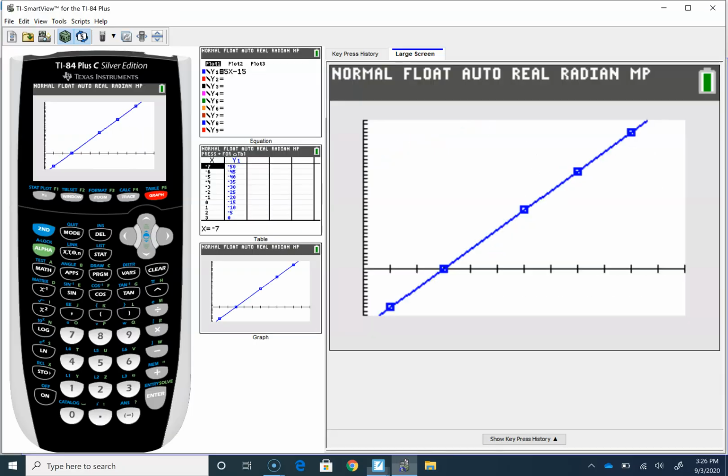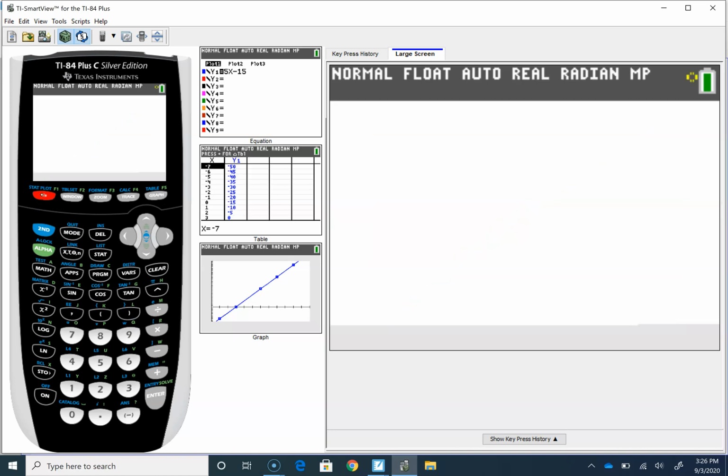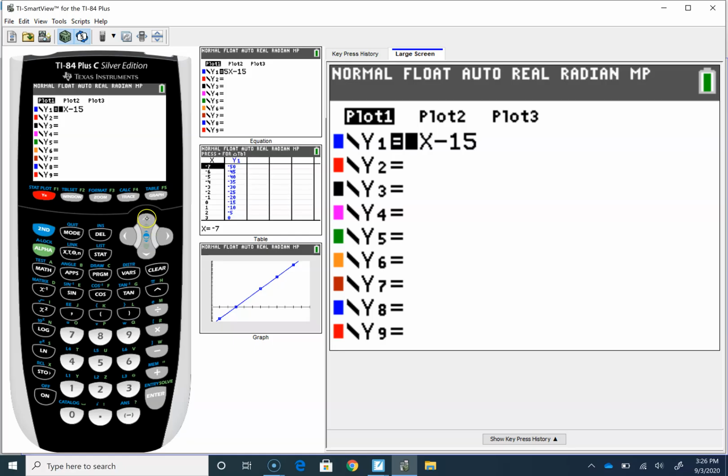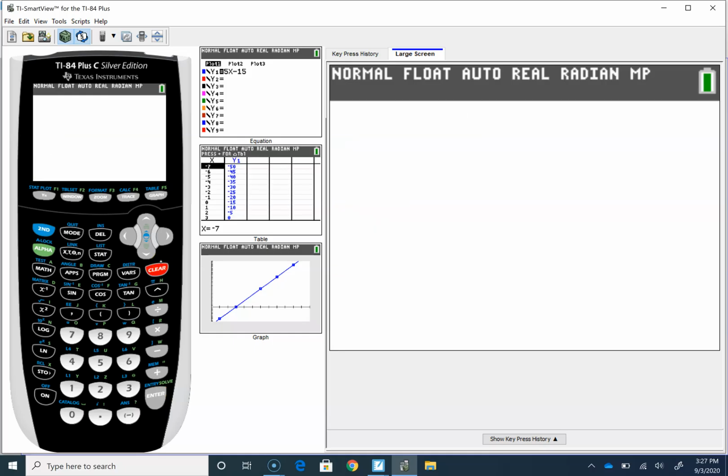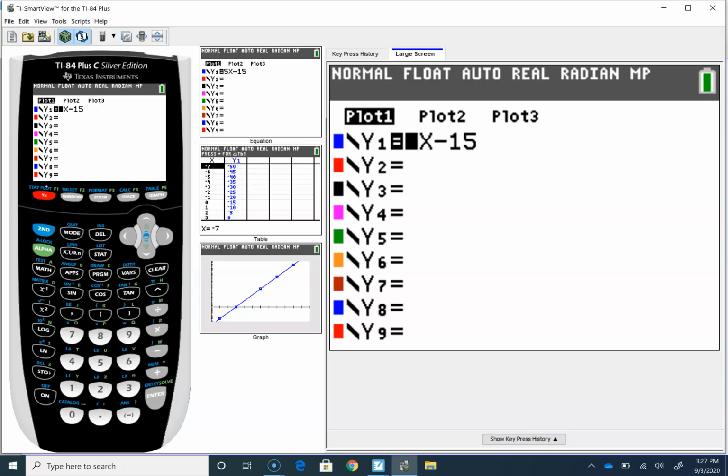So let's go ahead on our graphing calculator. I'm going to go into the y equal. I'm going to go up and turn my plot off. So I'm going to push enter. Up, enter, off.